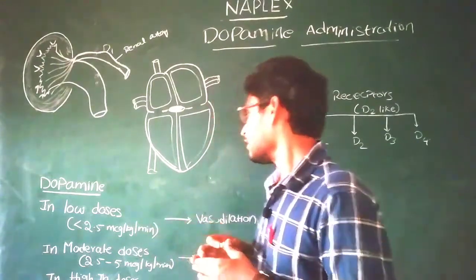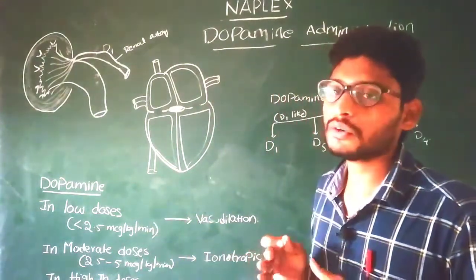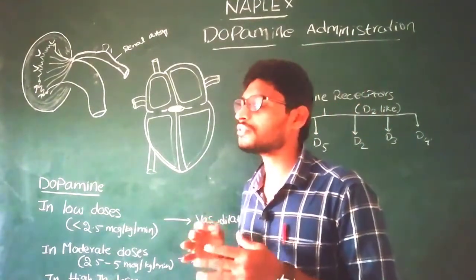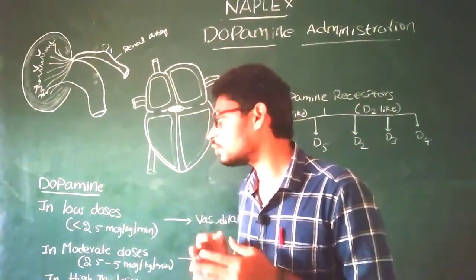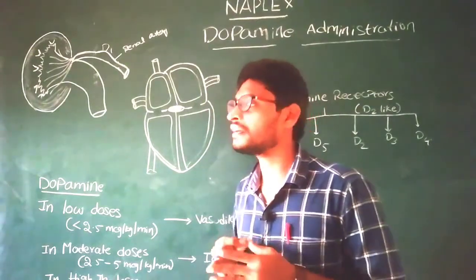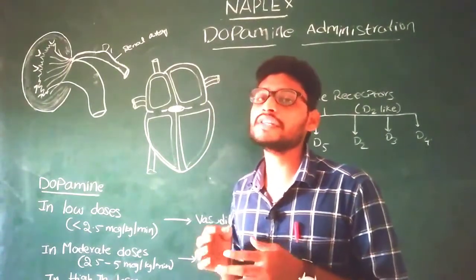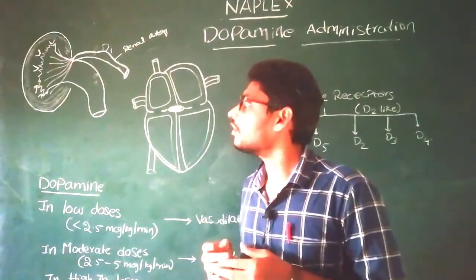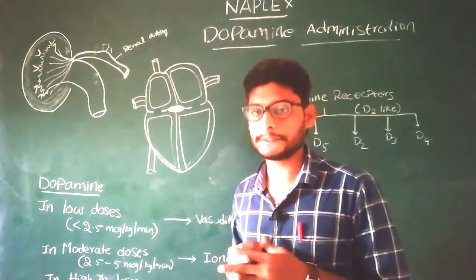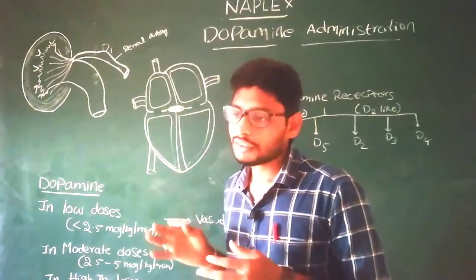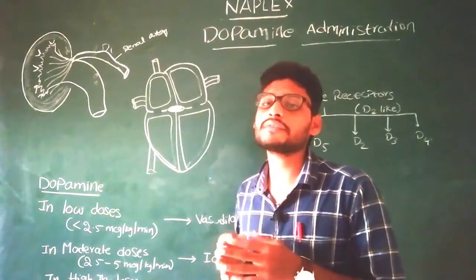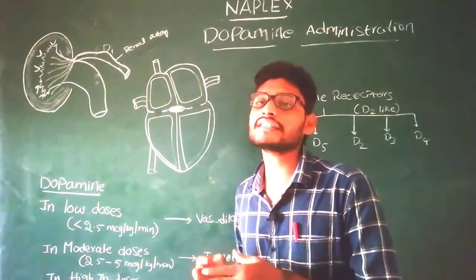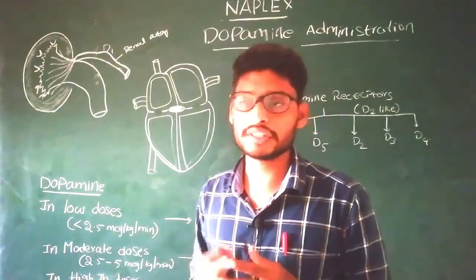Low doses cause vasodilation through stimulation of dopamine D1 receptors present on the arteries, particularly the renal arteries. Activation of the D1 receptor causes vasodilation and results in increased perfusion of blood to the kidney.